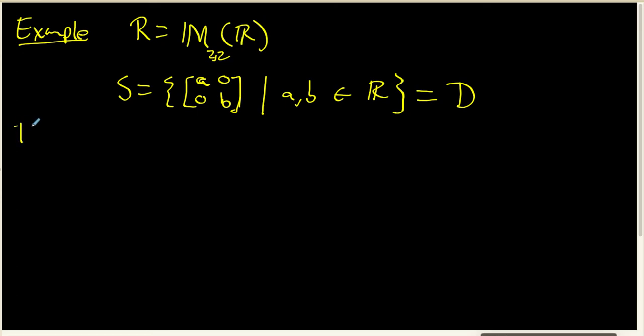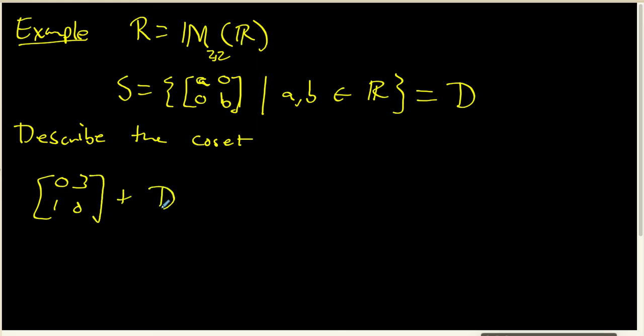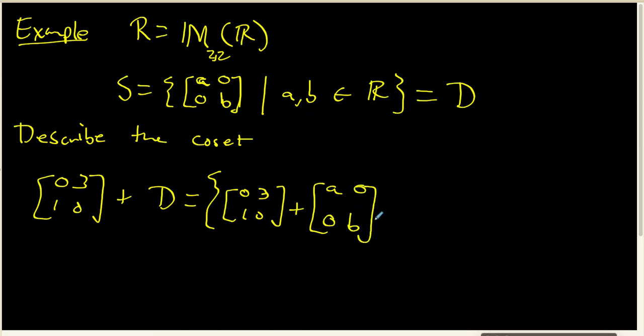And I want to describe the coset 0, 3, 1, 0 plus D. Now, that particular coset, by definition, is going to look like 0, 3, 1, 0 plus something in D, which would be A, 0, 0, B, where A and B happen to be real numbers.